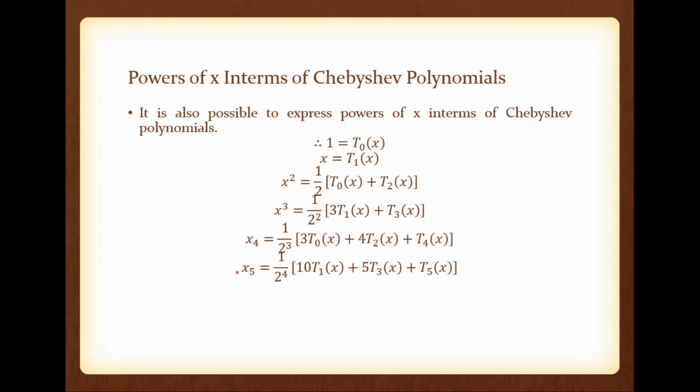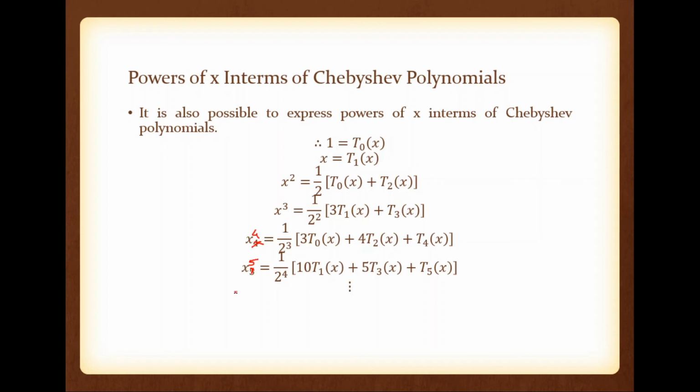So please note this. Similar to the Chebyshev polynomial recurrence, here also we can see some characteristics. This is x raised to 5, and similarly this is x raised to 4. In x raised to 5, you can see 2 raised to 4.